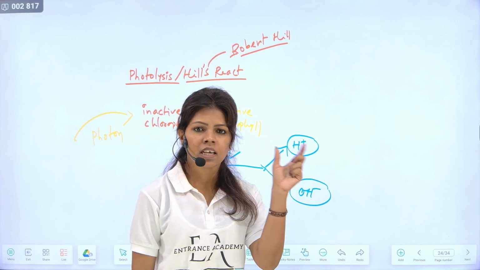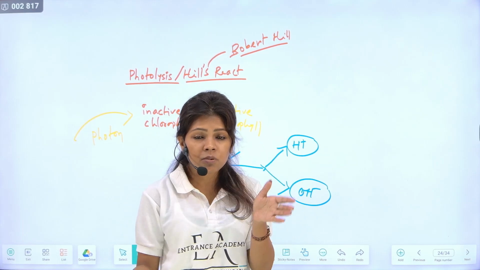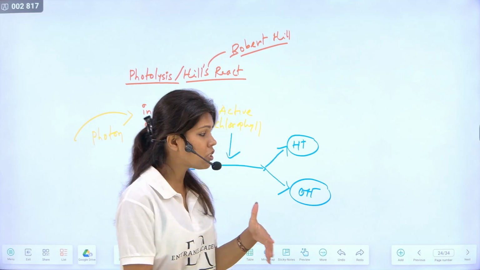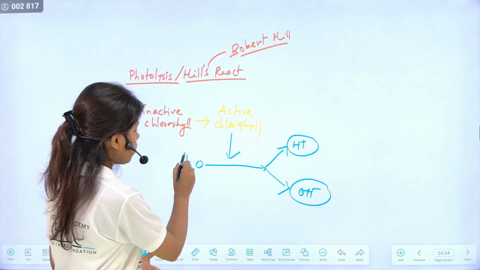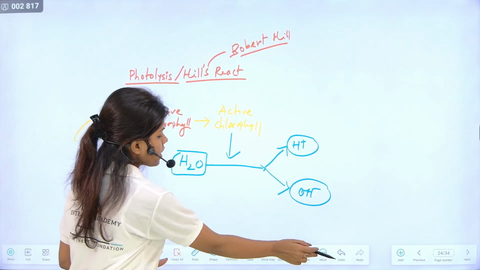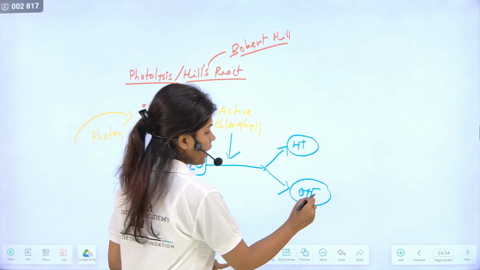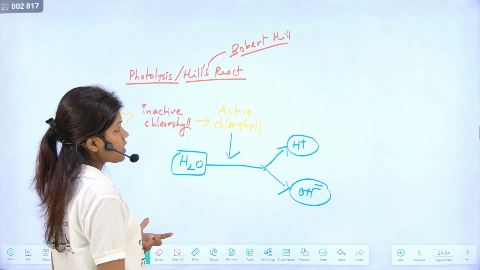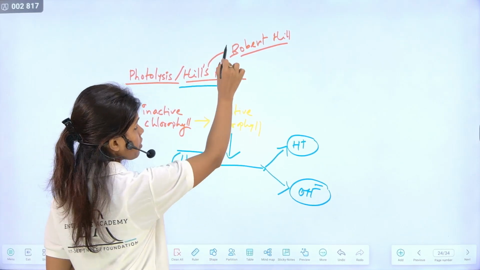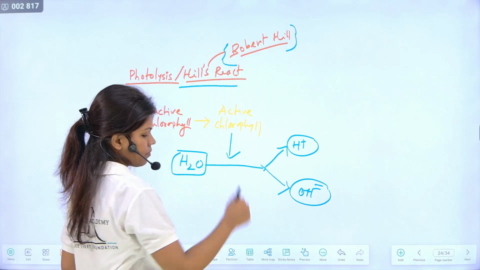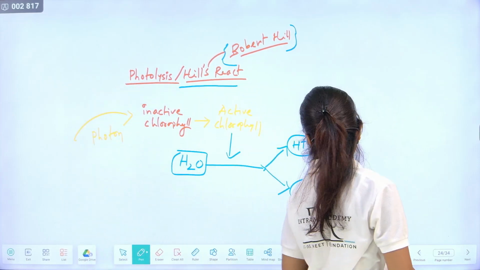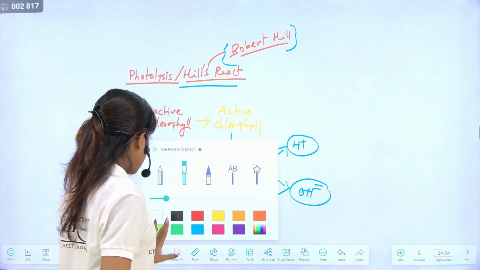Photo means light, lysis means breakdown. By using light energy, solar energy, we are breaking down the water molecule and generating H plus and OH minus ion. And this event is known as photolysis or Hill's reaction according to the name of Robert Hill. We can jot down the equation of photolysis.